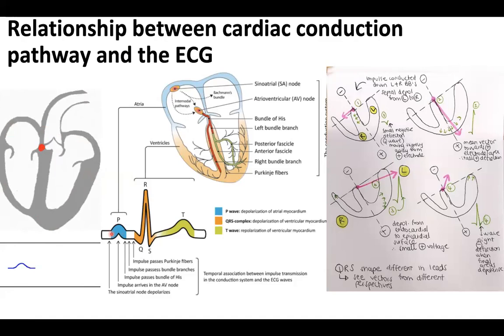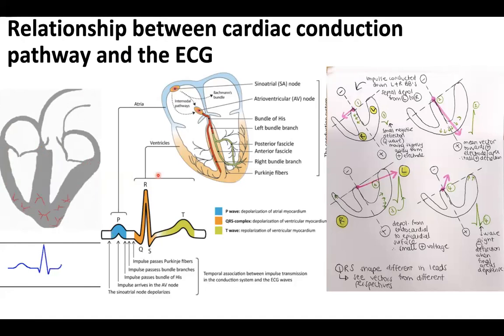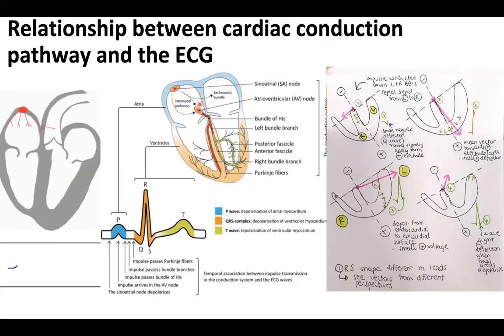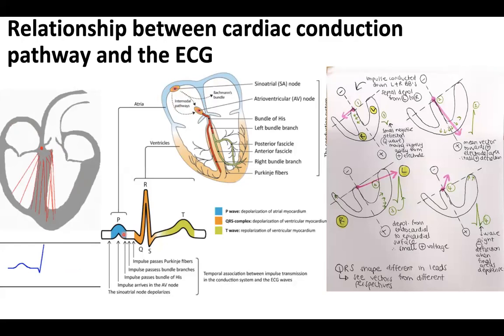The P wave is the first wave on the ECG because the action potential in the heart is generated at the SA node, up here. The action potential is generated, moves down through the internodal pathways, and then down to the AV node. And this creates a positive deflection known as the P wave, the first positive deflection.